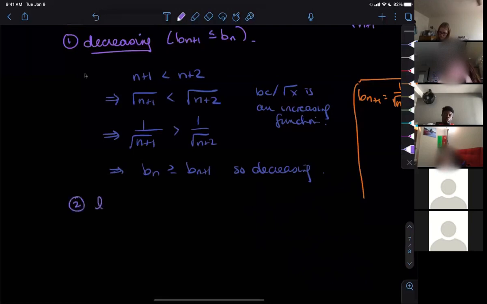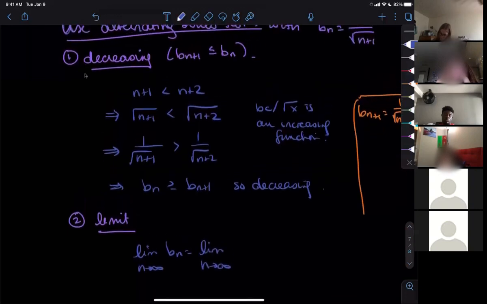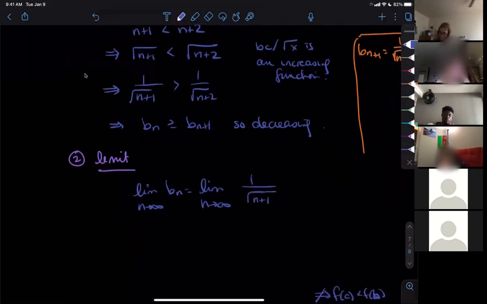Second thing to check is the limit. So limit as n goes to infinity of b sub n. B sub n is 1 over the square root of n plus 1. And we already decided that limit is 0, and that's the thing that we want.